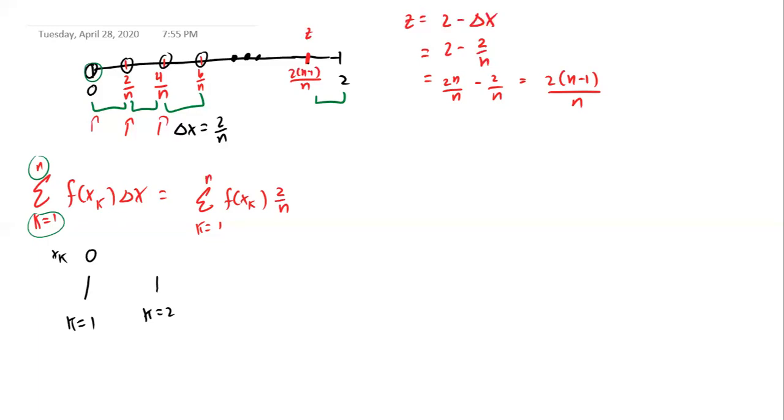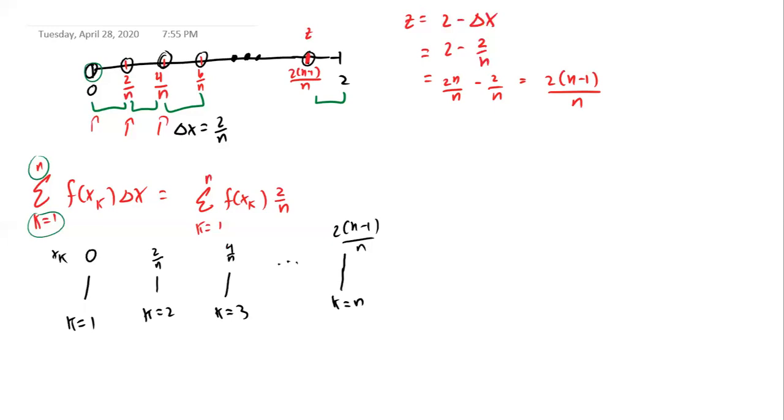So x sub k, which again is the input, should be 2 over n. When k equals 3, our input should be the left endpoint of the third subinterval. Well, that would be 4 over n, etc., all the way until we get to k equals n. That's the last subinterval, and we're doing left endpoint, so the last left endpoint is this thing that we found, 2 times (n minus 1) over n.